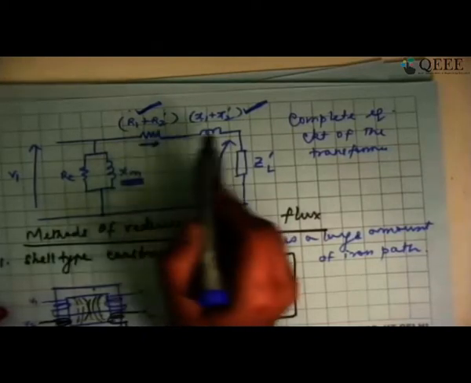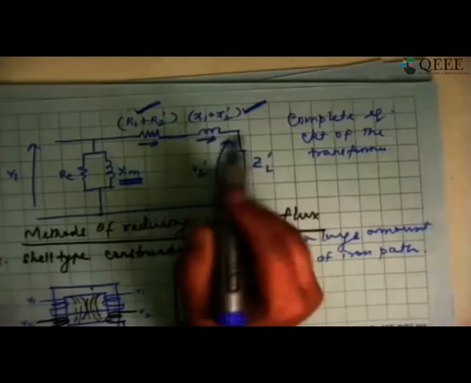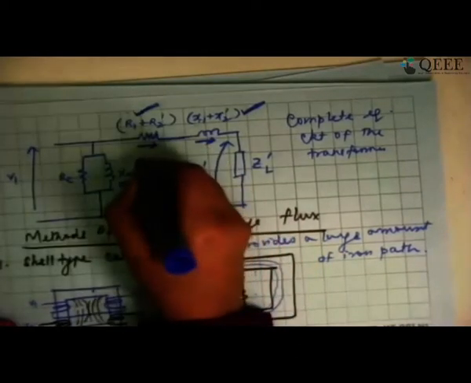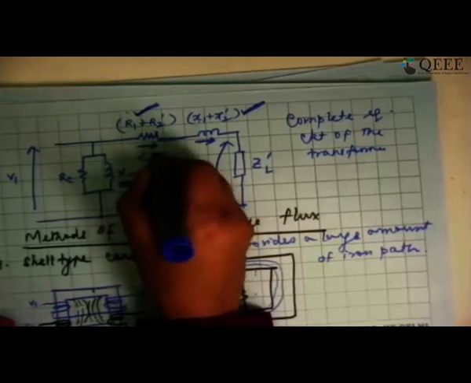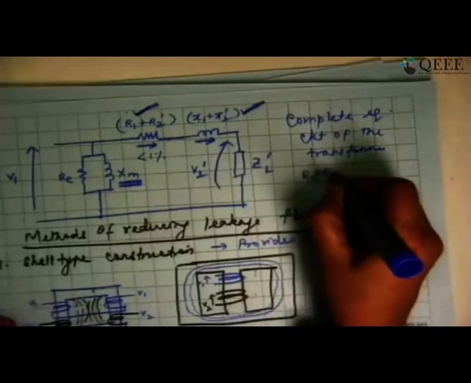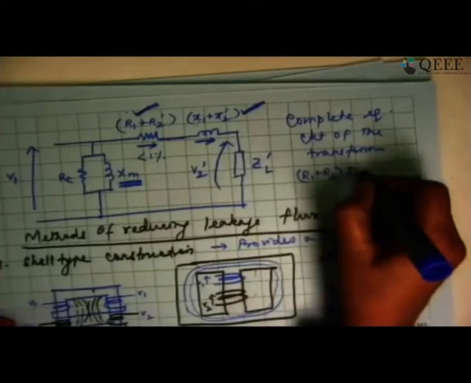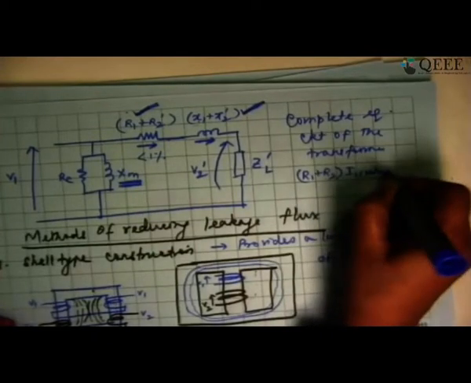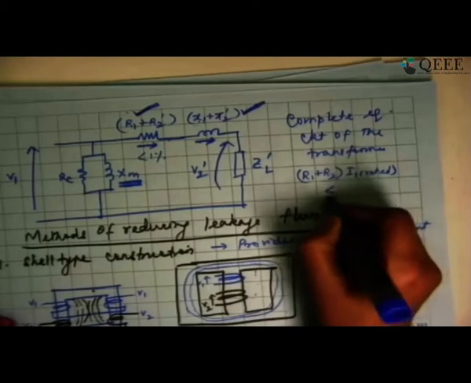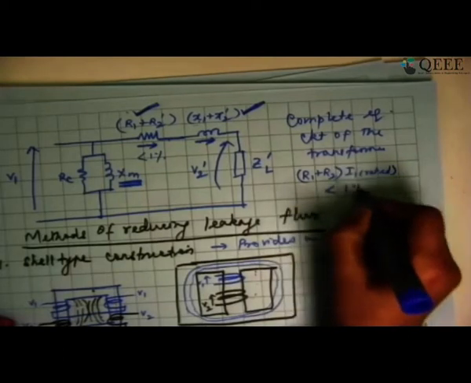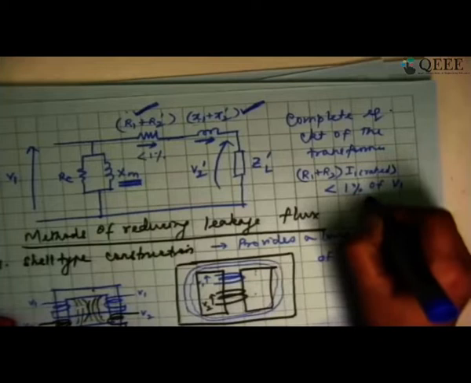Because we assume that R1 plus R2 as well as X1 plus X2, for example, R1 plus R2 will be less than 1%. What I mean by less than 1% is R1 plus R2 multiplied by I1 rated will be less than 1% of V1 rated.